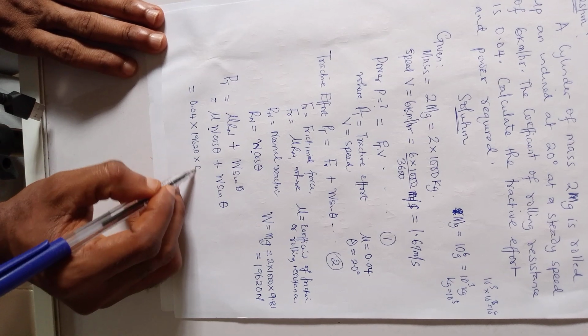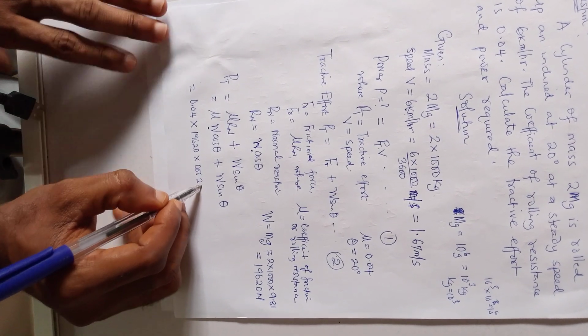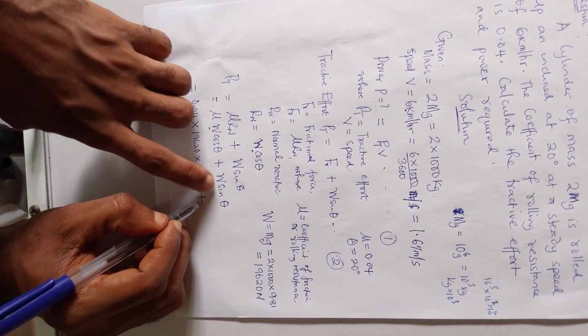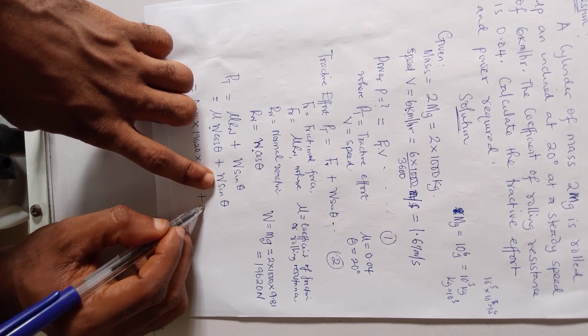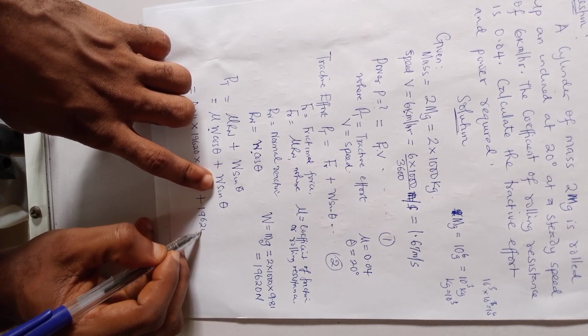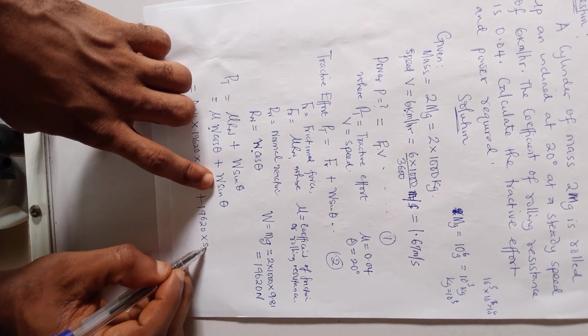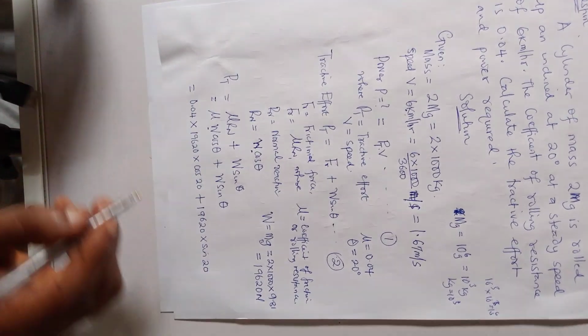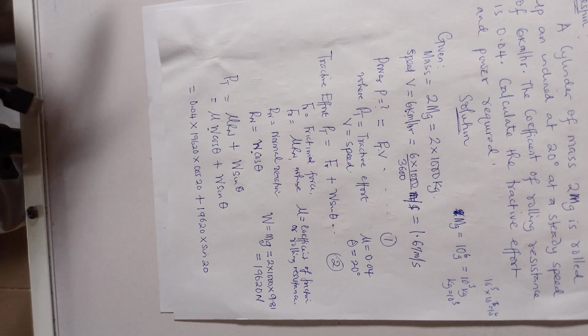So we have 19620 times cos 20 plus the same weight here, 19620 times sine 20. So what is our cos 20?